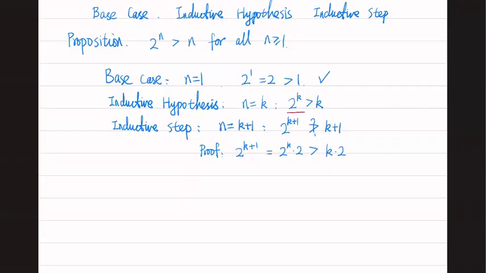So this step is the hypothesis. This way is bigger than k plus 1.